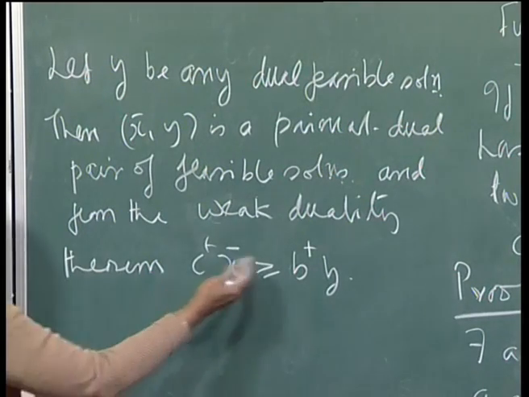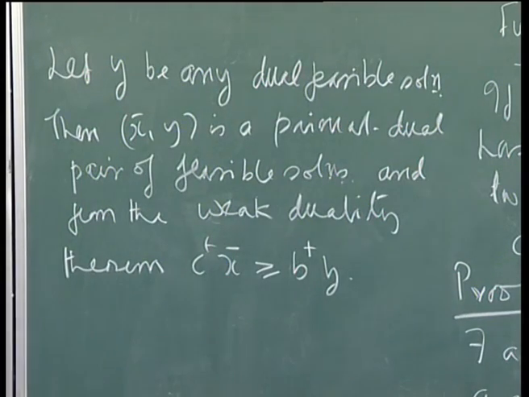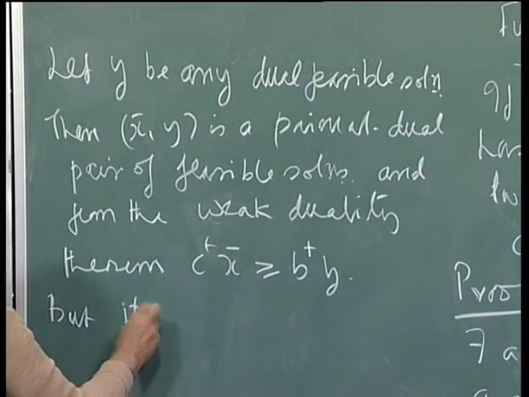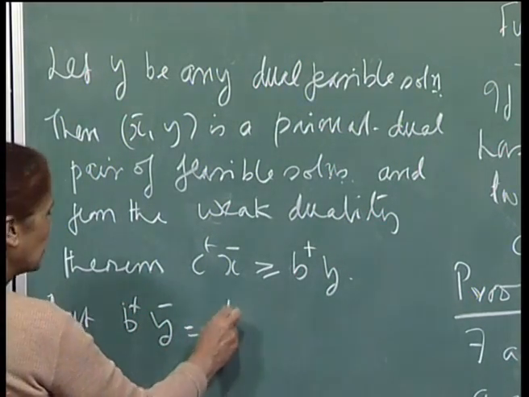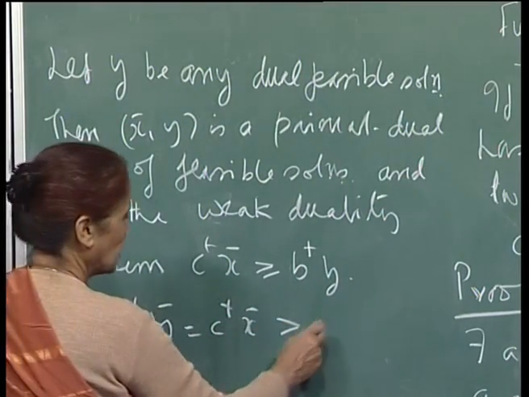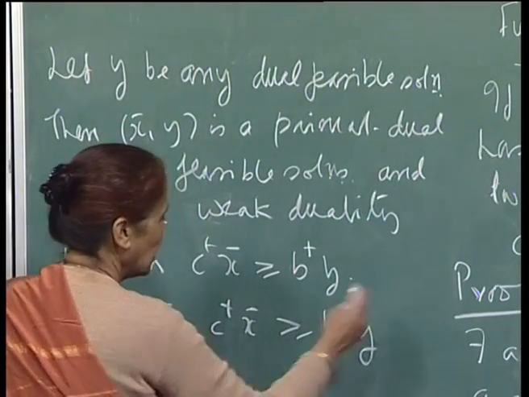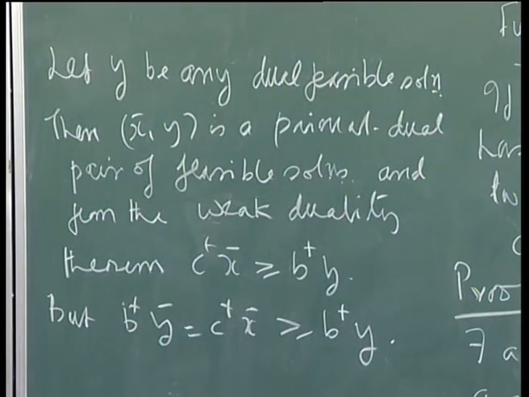So, C transpose x bar is greater than or equal to B transpose y, but B transpose y bar is equal to C transpose x bar, and therefore, this is greater than B transpose y, where y is any dual feasible solution.